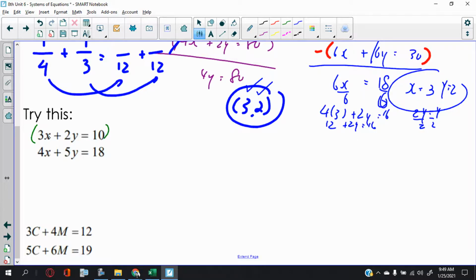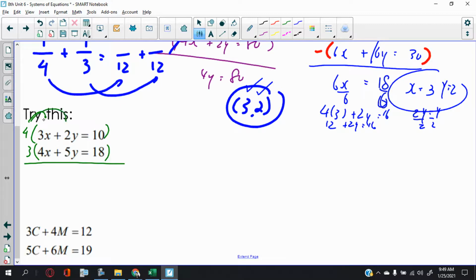What you should look out for to know that it's the type 3 is: can 3 become 4 just by multiplying a number, or vice versa? Or can 2 multiply a number that becomes 5, vice versa? The answer is no, not with whole numbers anyways. So here again, you could do the 4 and the 3. The LCM is 12. So 4 times 3 gives us the 12, and 3 times 4 gives us the 12.